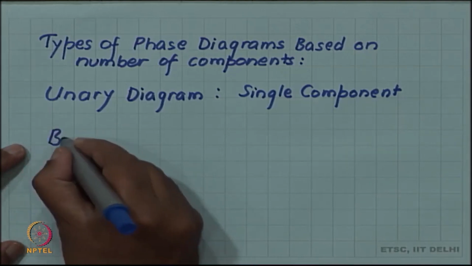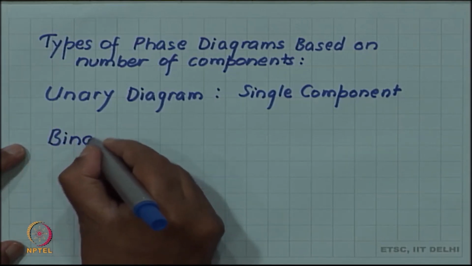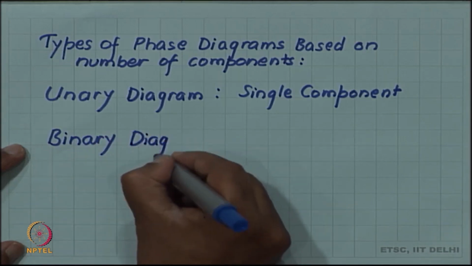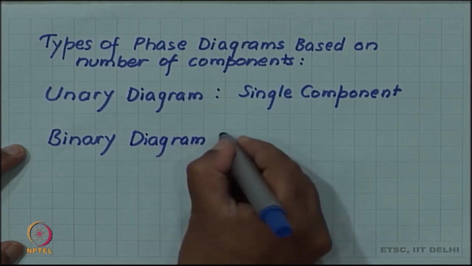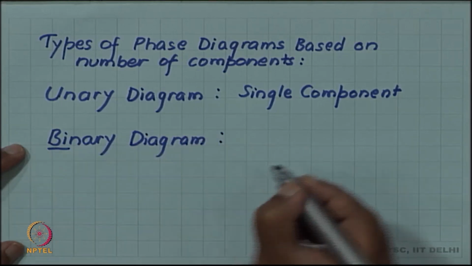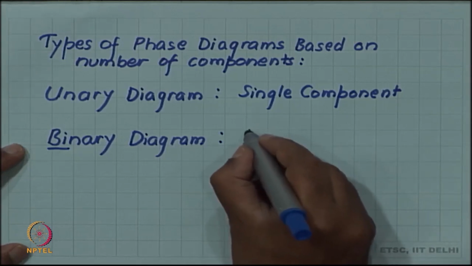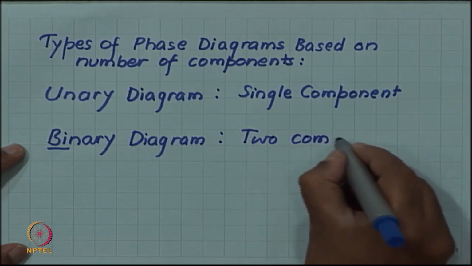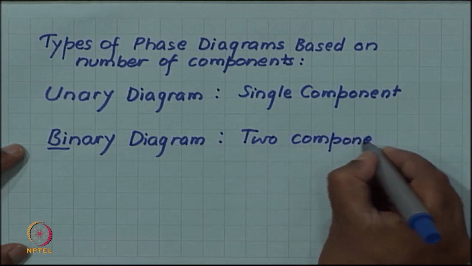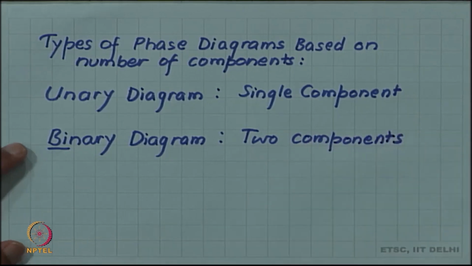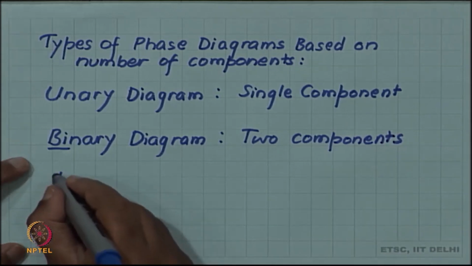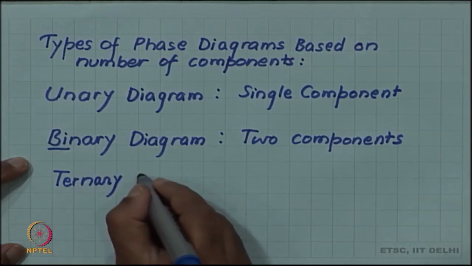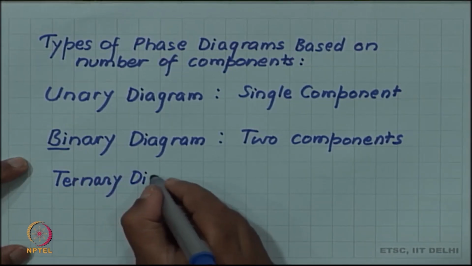The example of copper nickel which I gave you was an example of a binary diagram or a binary phase diagram. Binary, as you know, means two. So, it is a two component. Two components are involved, then we call it a binary diagram. In a ternary diagram, three components will be involved.